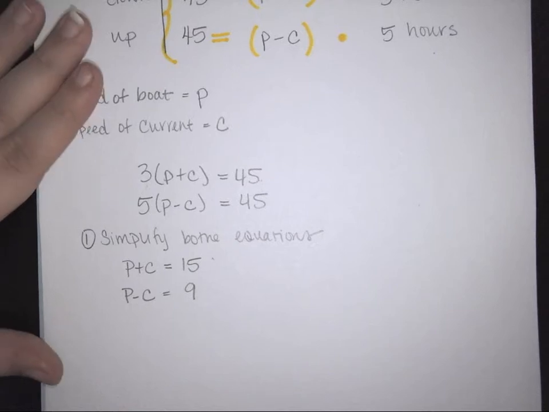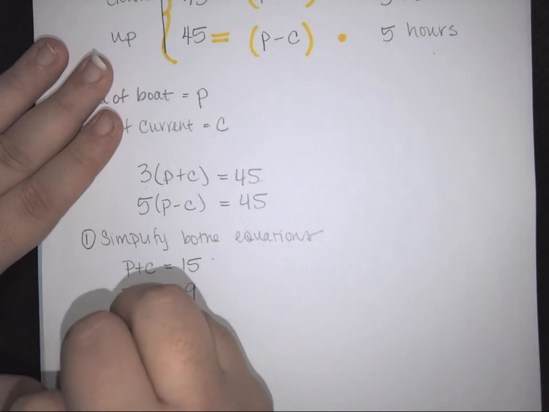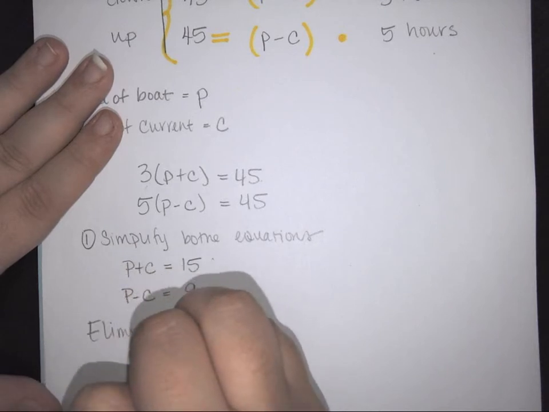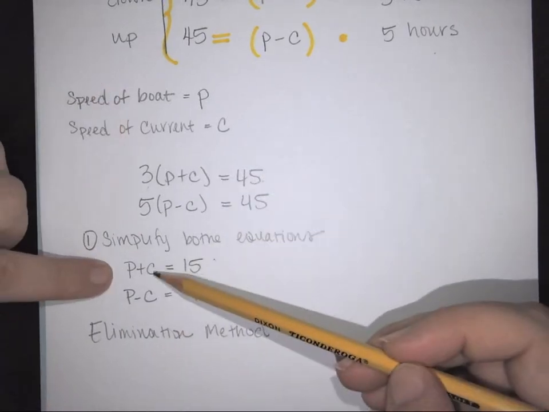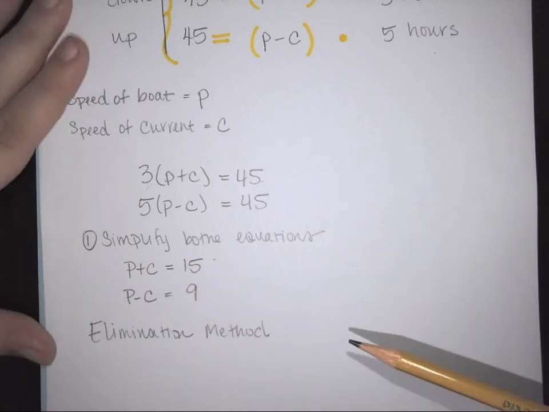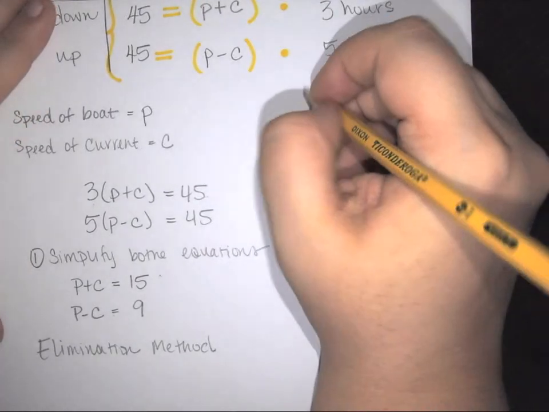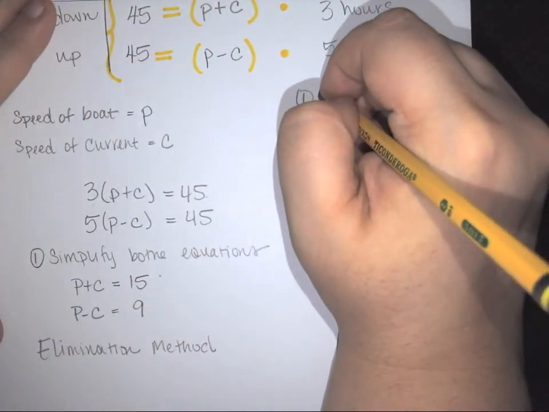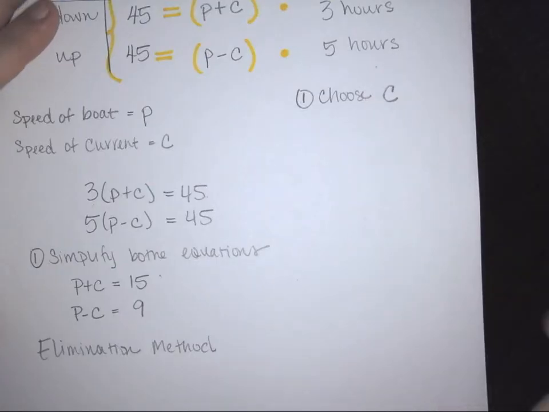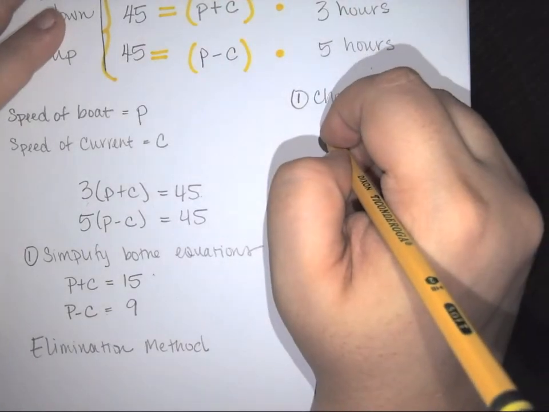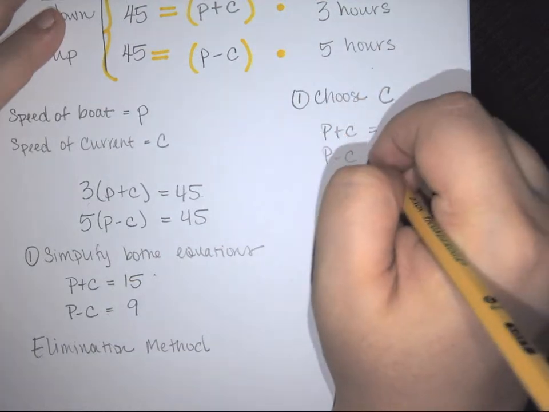So I'm going to use the elimination method as my method of choice. The reason for that is because very easily when I look at it, I know I can cancel terms out and I don't have any fractions. The elimination method says that first we have to choose the variable you're going to eliminate. So let's go ahead and eliminate your C. So I have P plus C equals 15 and P minus C equals 9.